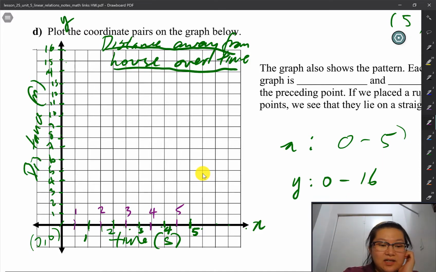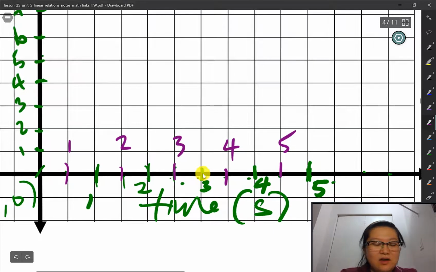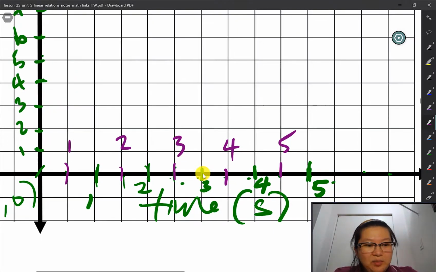Okay, so if you said that the intervals are inconsistent or something along those lines, you are totally correct. If you take a look at the x-axis, what this student did was make 1 box equivalent to 1 second. Then the student said, oh, I changed my mind. Since I have so much space, I'm gonna make 2 intervals equal to 1 second.